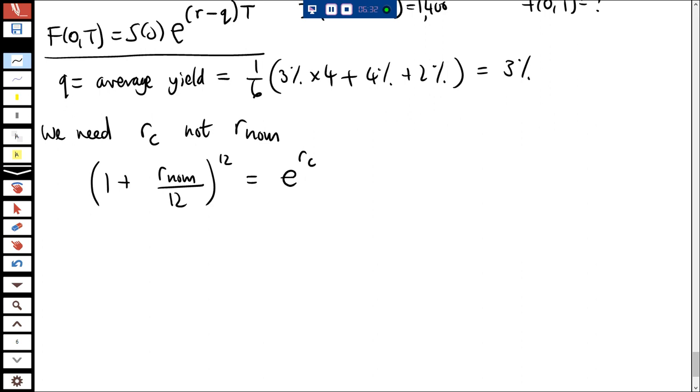Okay, so that's the equation. The left hand side is the effect of 12 compounding periods. The right hand side is continuous compounding. With a simple rearrangement, I'm going to take logs and bring that power 12 to the front, just because I think it looks a bit nicer.